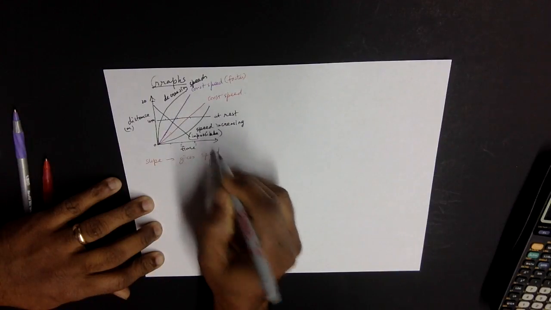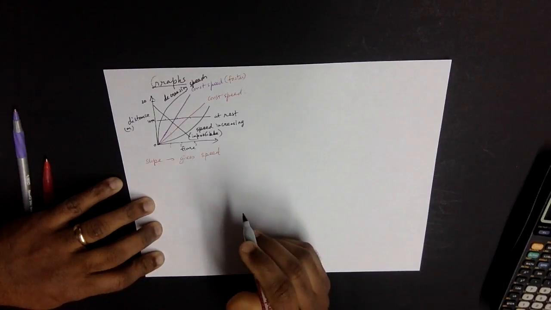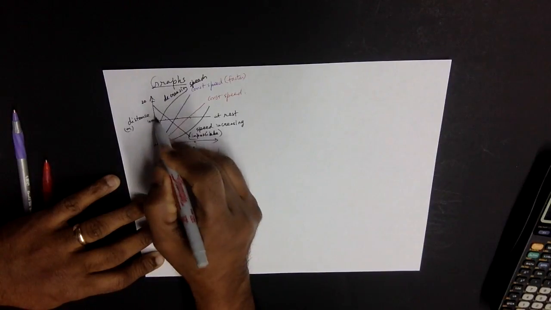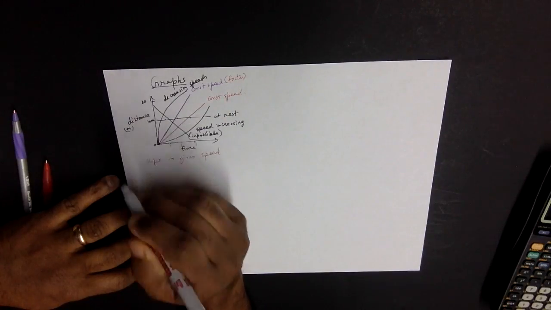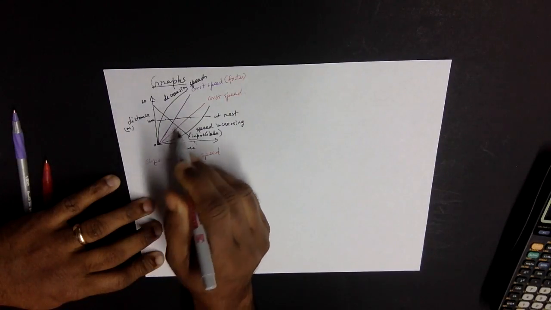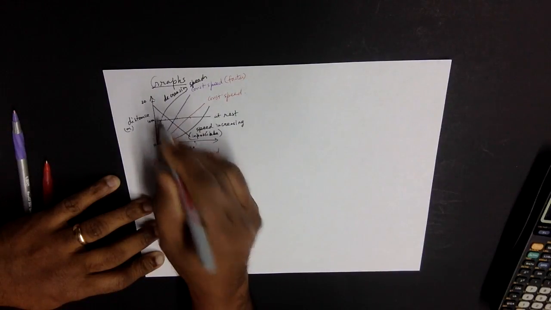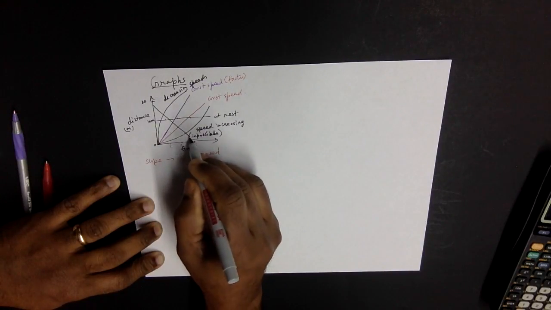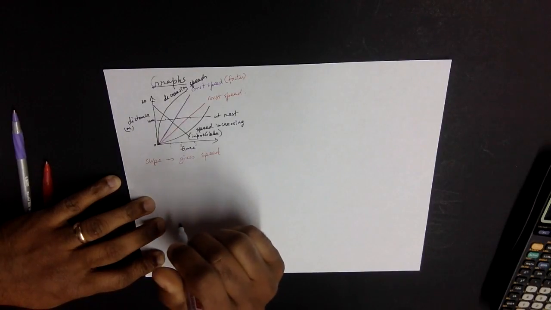Why? Because you cannot undo a distance that you have already done. According to this line, at 0 seconds you had covered already something like 18 meters, and after 1 second you seem to have only covered 17 meters. After 3 seconds you are back to 0, which means you have not covered any distance.